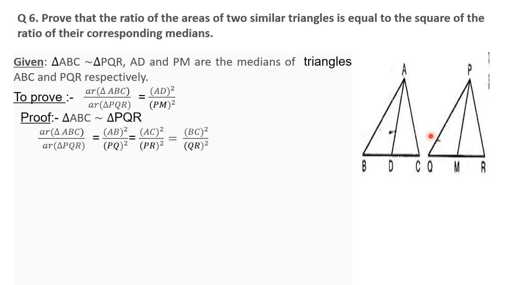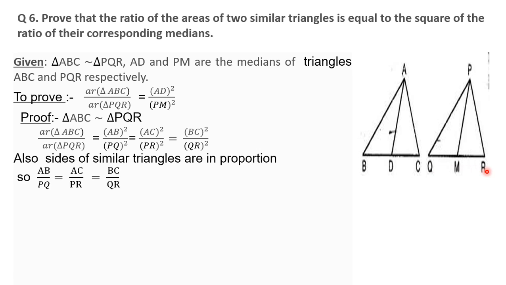When it is given these two triangles are similar, so by the relationship of the areas of two similar triangles, we can write area of triangle ABC upon area of triangle PQR is equal to the ratio of the squares of their corresponding sides, that is AB square upon PQ square is equal to AC square upon PR square is equal to BC square upon QR square.